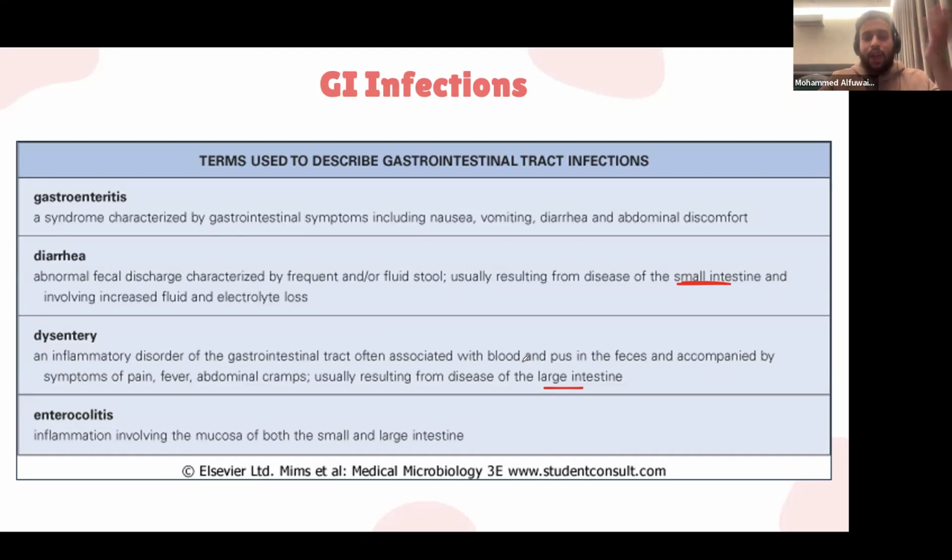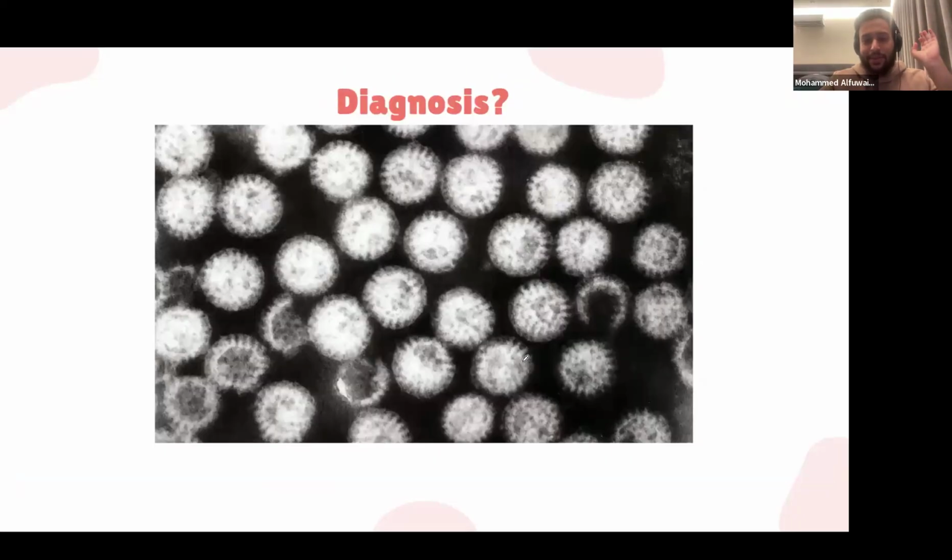Okay, so now we get to the infectious causes. Now from here on, I'll show you a picture and you tell me what the organism is. The first one. What organism or what infectious causes this? Good. This is rotavirus. Which is a virus. What type of virus is rotavirus?